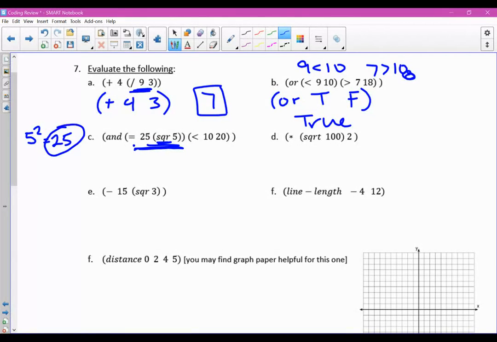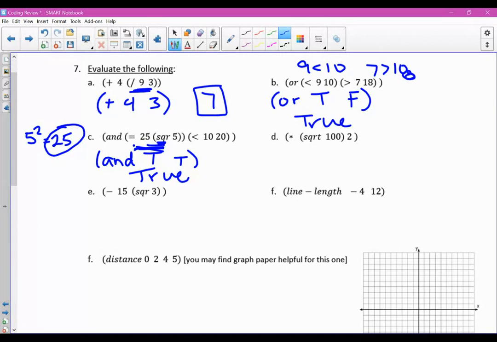Which it is, because the square of 5 is 25. So this is and true. And this is asking me, is 10 less than 20? That's also true. So when we're working with the and function, I need 2 true statements. And since I have 2 true statements, this is also true.